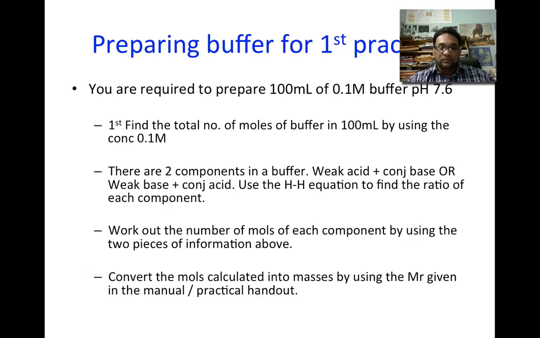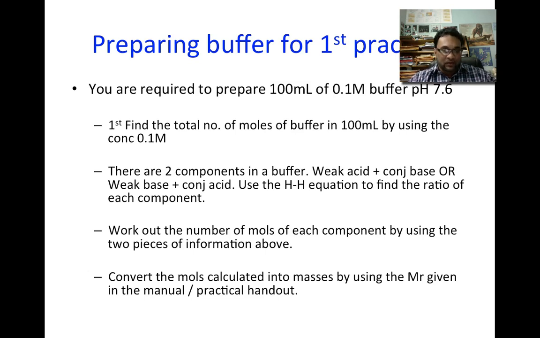And then convert the moles into masses, right? Now, most people might go with the, I believe it's phosphate salts or some sodium salts that they give you. You might be tempted to go with that. There's also one way you could use a synthetic amine, and that one is more challenging, and I challenge you all to try that one.